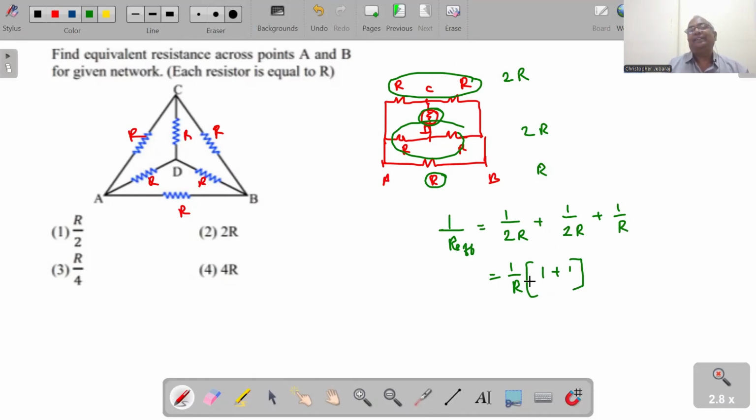Clear? So the answer is 2 by R for 1 by R effective. So R effective will be equal to R by 2. R by 2 is the answer for this question.